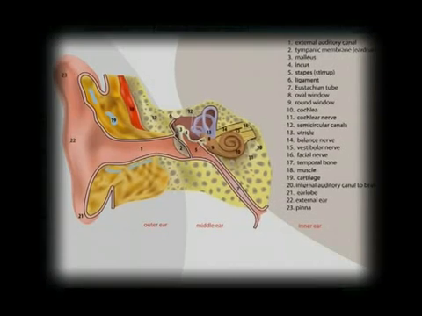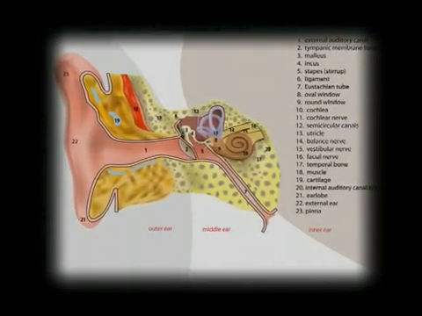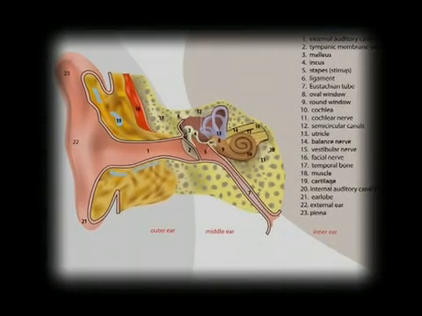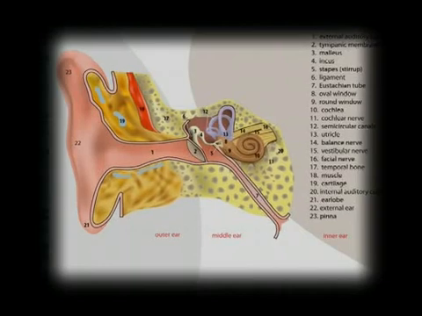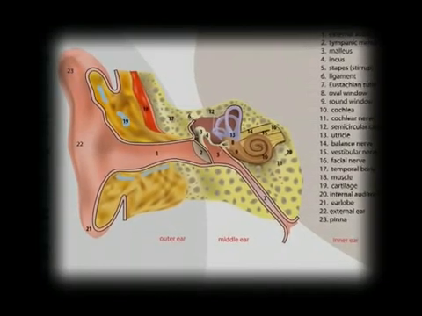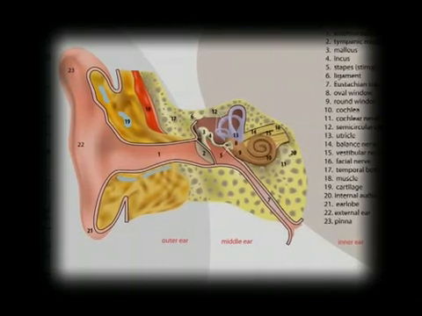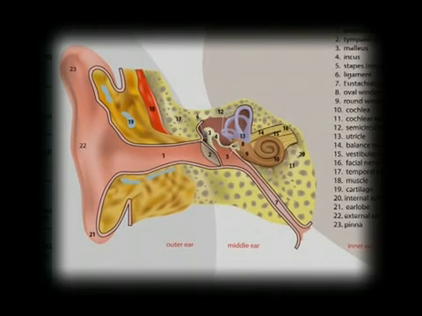From the bottom of each individual hair cell there is emergence of fine nerve tips, which are the dendrons of the neurons which constitute the eighth nerve. So this is the emergence of the nerves from the receptors.